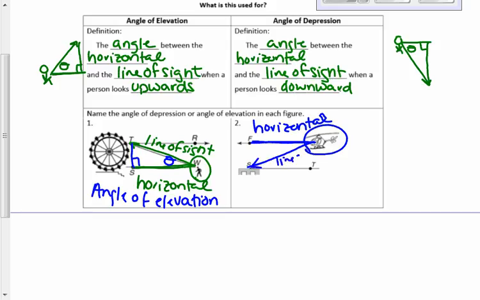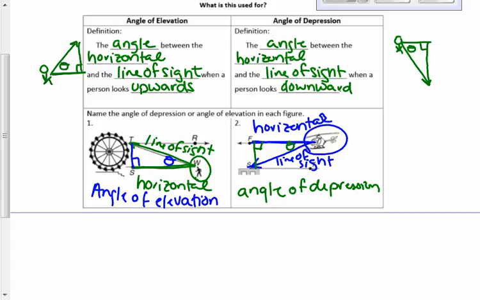That's your line of sight. The angle your horizontal and line of sight make is the angle of depression, because you're looking downwards. And we know that a 90-degree angle is in front of you when you connect your horizontal and your line of sight.